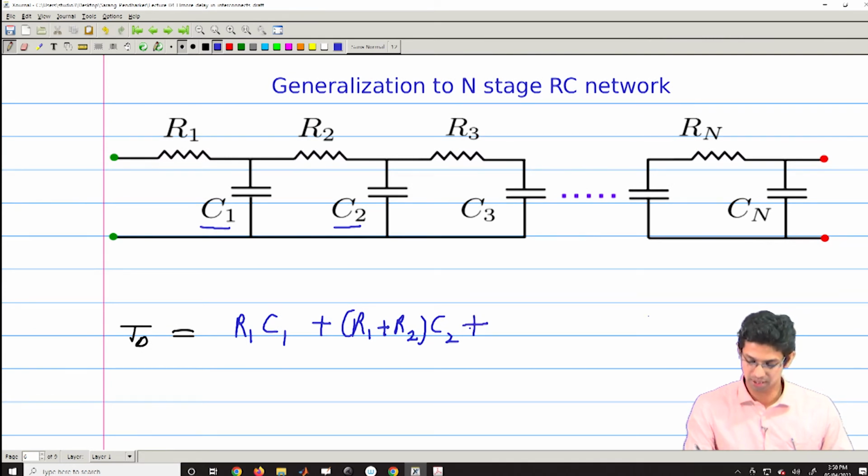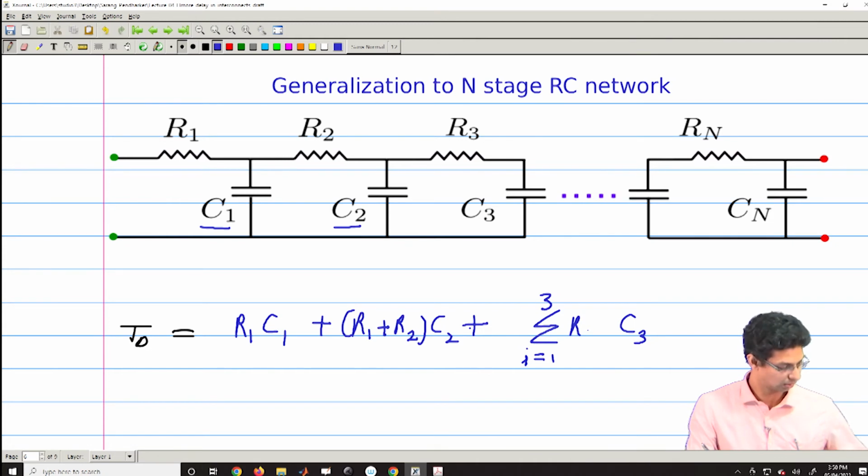And similarly, if I had C3, then I would have had something like summation i going from 1 to 3 of R_i, and then so on.